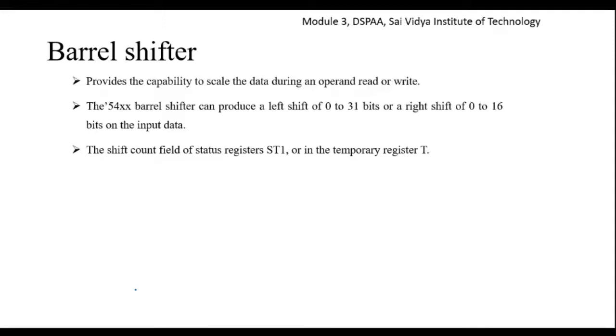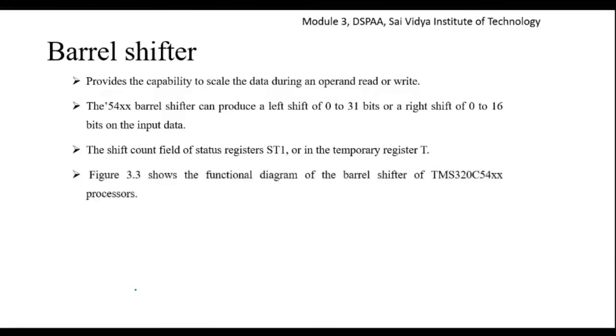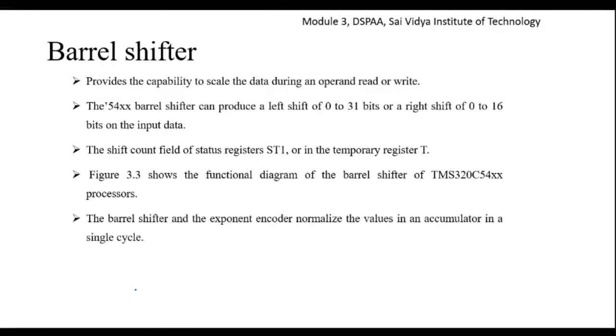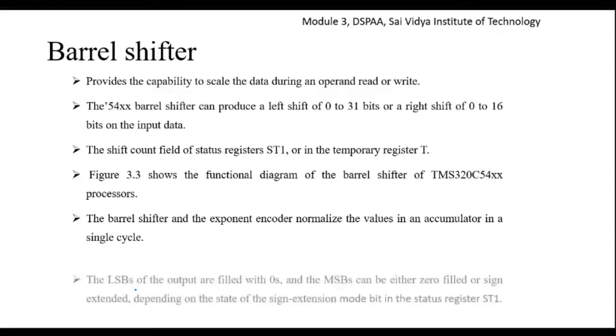So we also have that shift count field which is present in ST1 register also available, which is in turn related with this barrel shifter operation. And we also learn the functional diagram of a barrel shifter. And the barrel shifter and the exponent encoder normalizes the values in the accumulator in a single instruction cycle or single machine cycle.